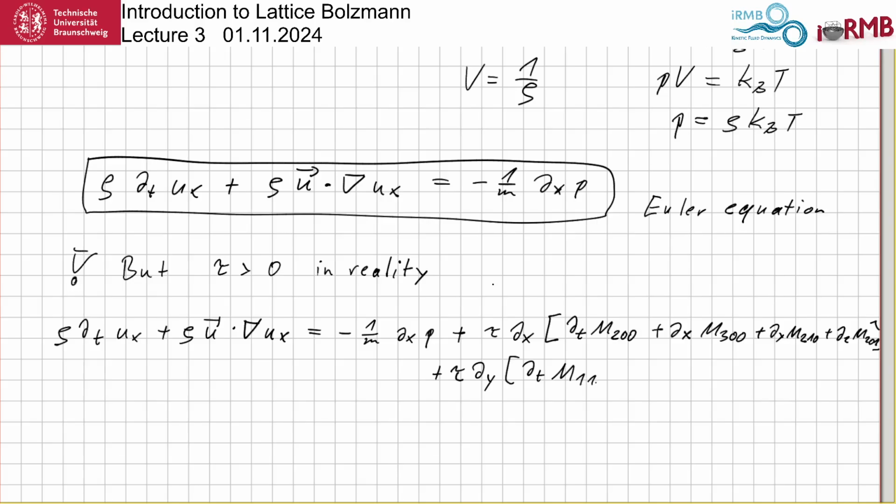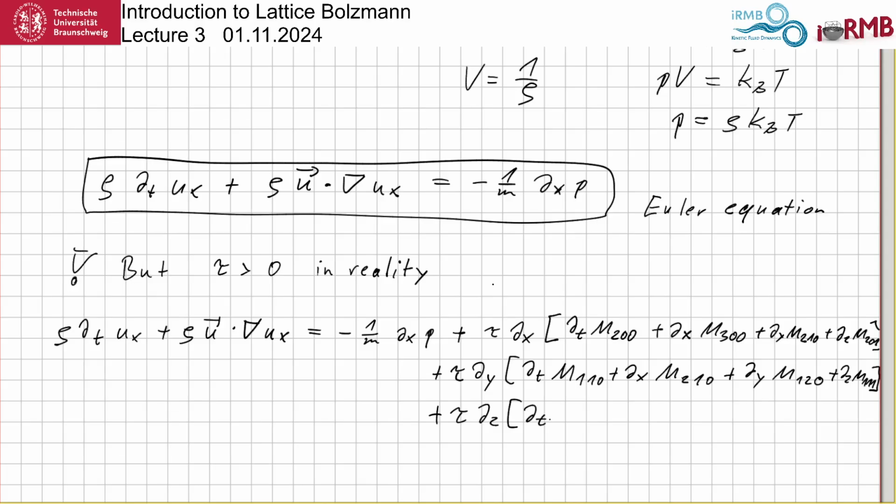This was M100 plus dx M210 plus dy M120 plus dz M111. I'm not writing any nonsense, do I? No, I don't. Plus tau dz.